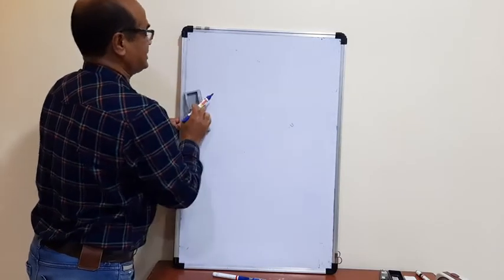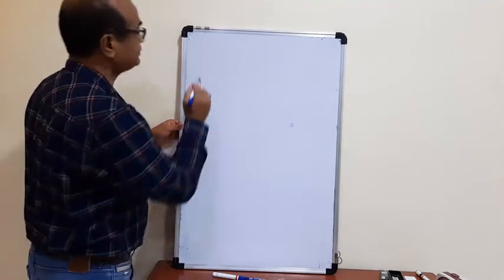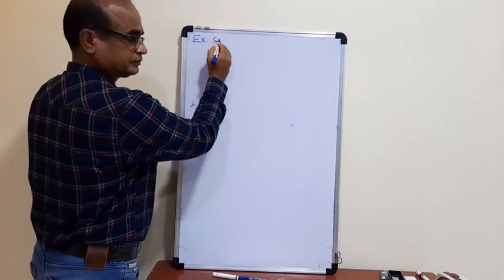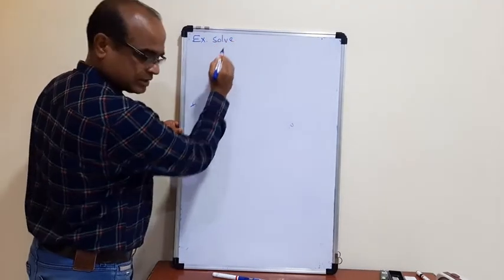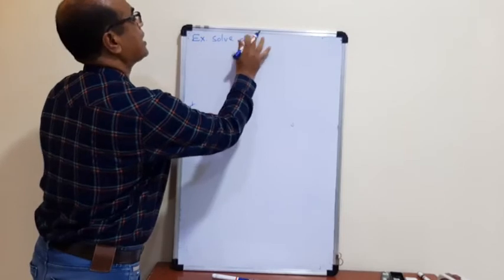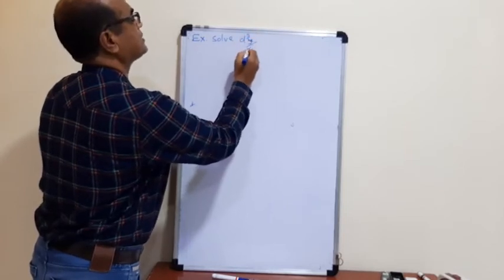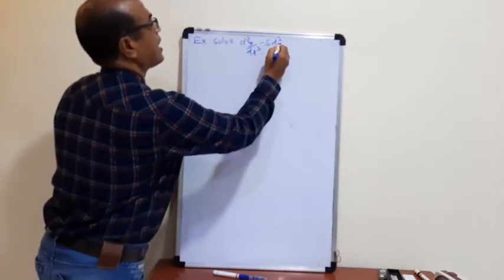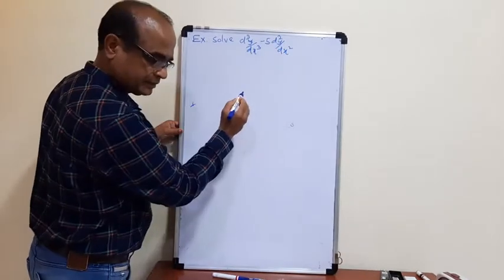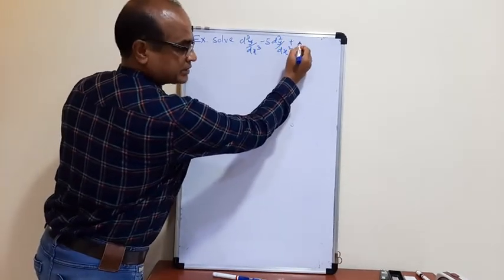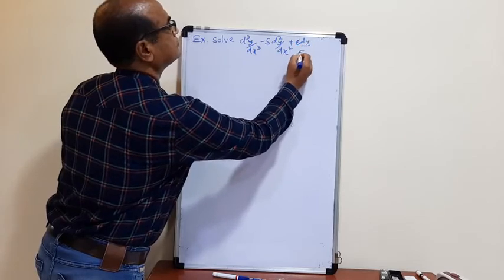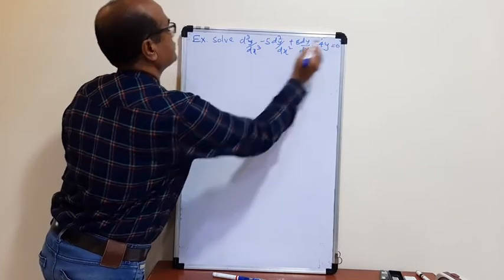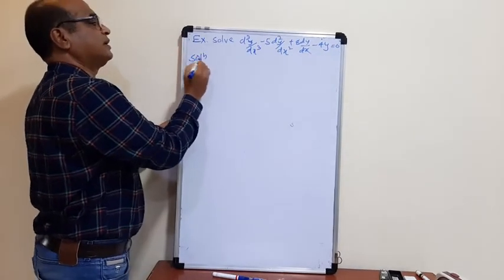On the same type, we take an example. Solve d cube y by dx cube minus 5 d2y by dx square plus 8 dy by dx minus 4y is equal to 0. So solve this differential equation here.